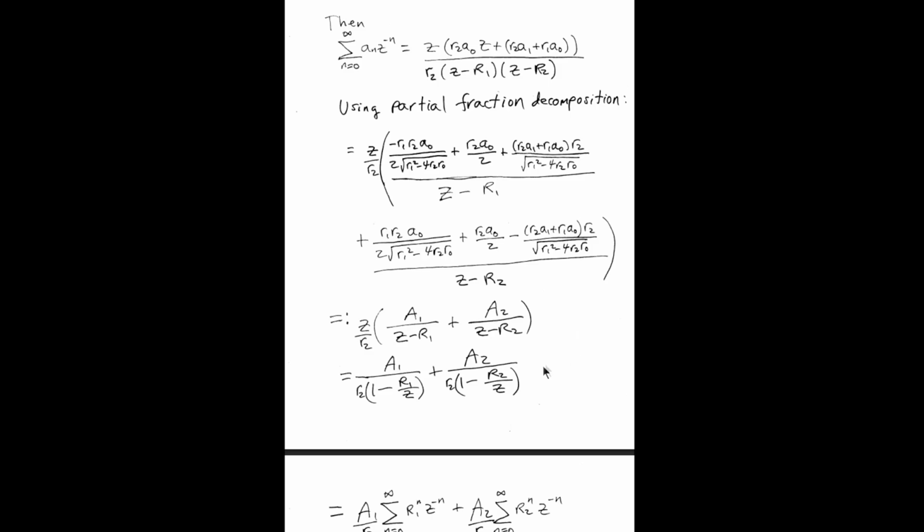Why do I do that? Well, these two look very much like the sum of a geometric series, and that's why we do it. Well, in that regard, this thing will equal A1 over R2 times the sum as n goes from 0 to infinity of capital R1 to the n, z to the minus n, plus capital A2 over little r2 times the sum as n goes from 0 to infinity of capital R2 to the n, z to the minus n.